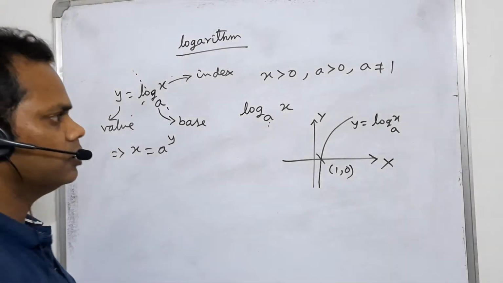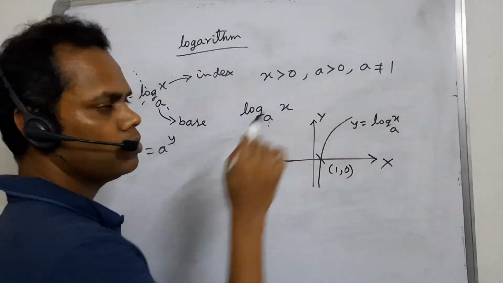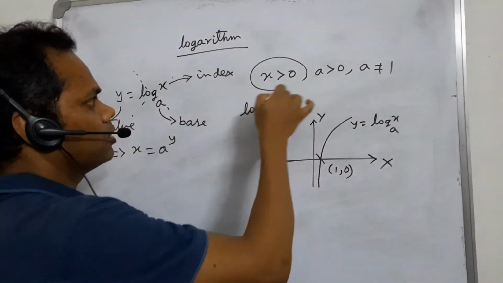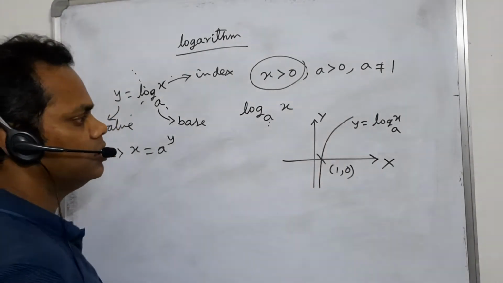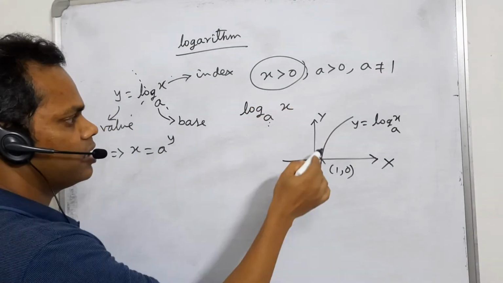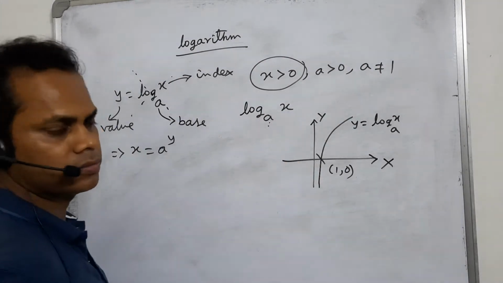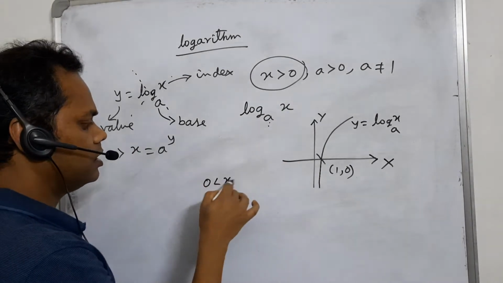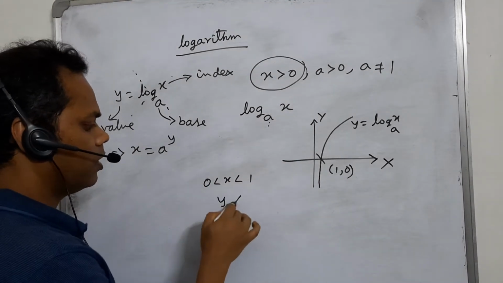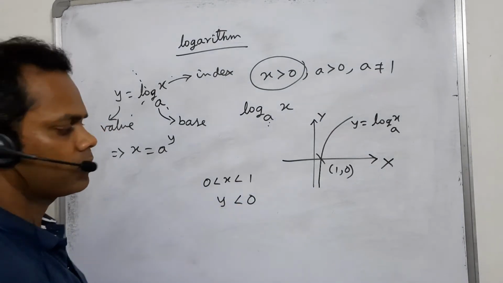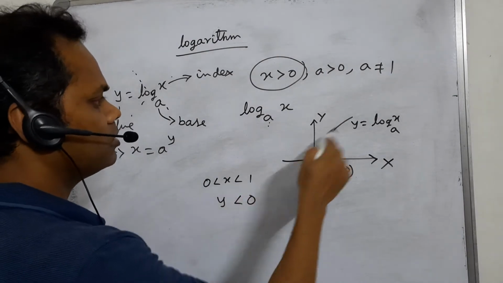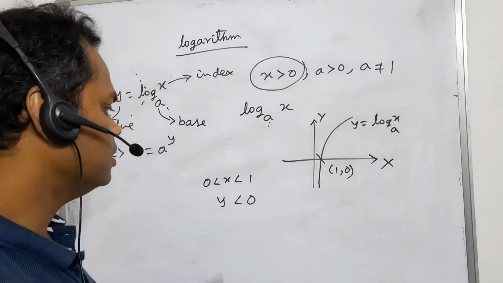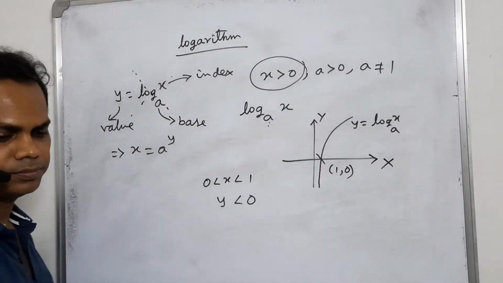Here the x part is always positive, and the value of y is negative while x lies between 0 and 1, that is, 0 less than x less than 1, then y is negative. Otherwise, that is, x is greater than 1, then y is positive.